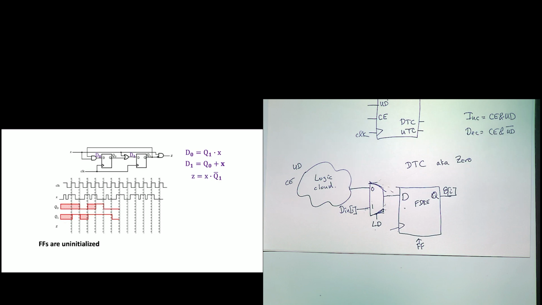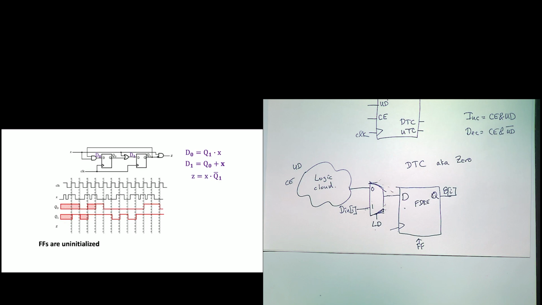X is 1, which is not enough to make Q0 high because Q1 is low, but it does make Q1 go high, etc., etc. Okay? Any questions? You can do those step by step. Since they depend on each other, you've got to go in lockstep. You can't just do one without doing the other, because Q0 and Q1 depend on each other. Their next values depend on their current state.